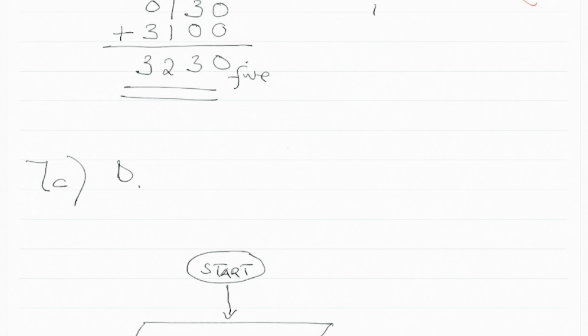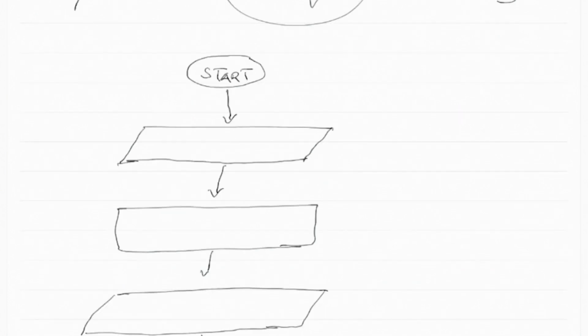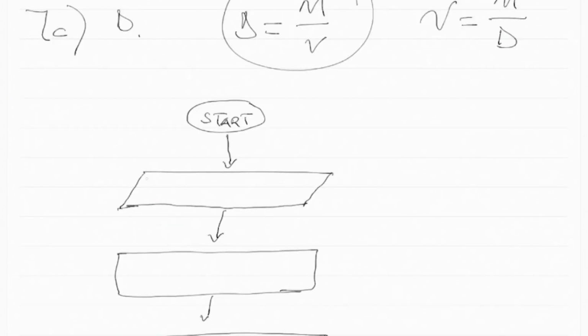Now, how do we calculate volume? First of all, you need to understand that density D is given as mass over volume. Then from here, we get the formula for calculating volume, which is V is equal to mass over density.